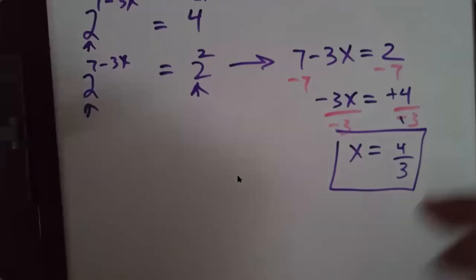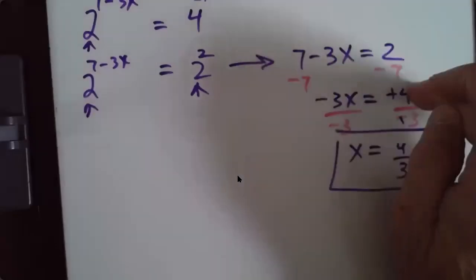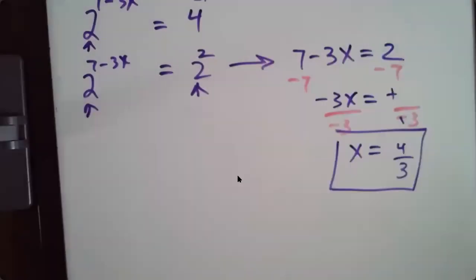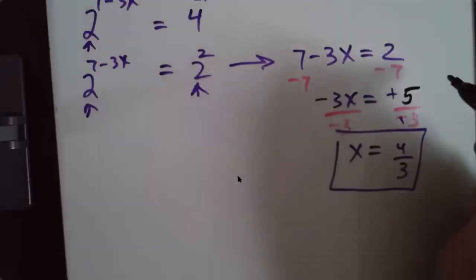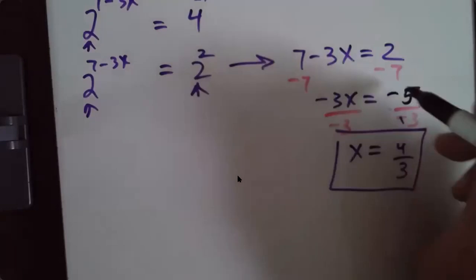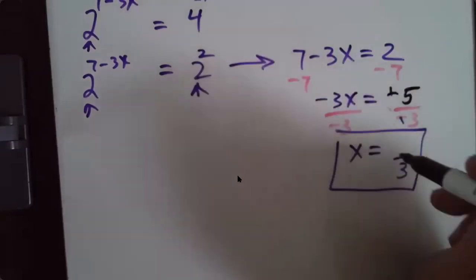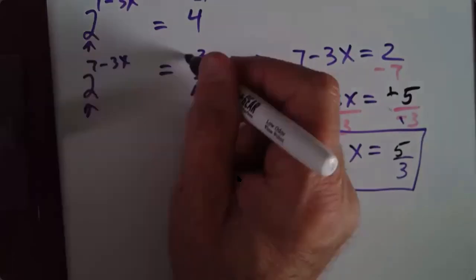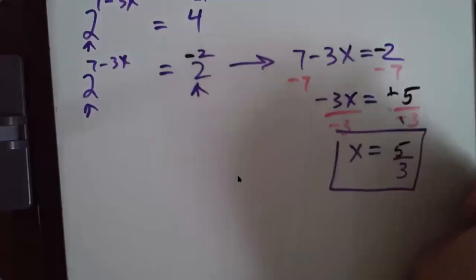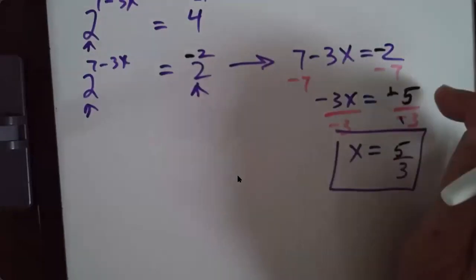Oh, wait a minute. That's a negative 5. I'm sorry. It should be negative 5. So that should be negative 5 over 3. And that's a negative, and that's a negative, and so that's a negative. So that becomes a negative 9.